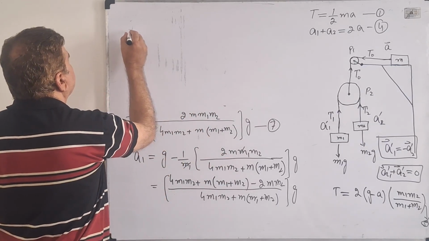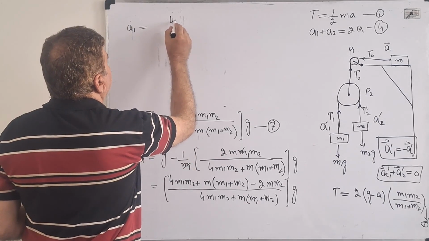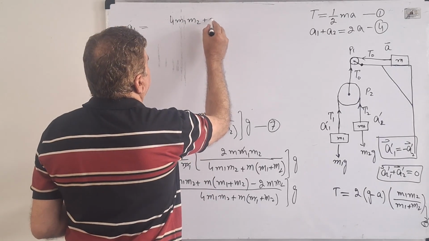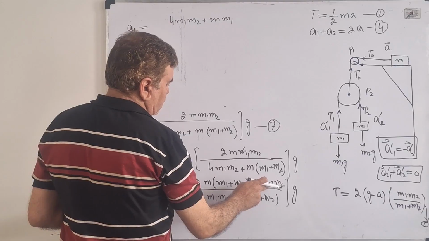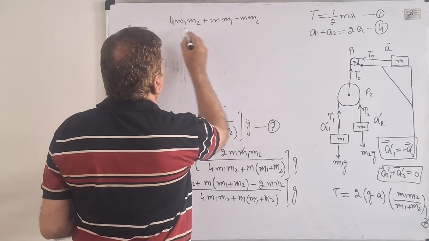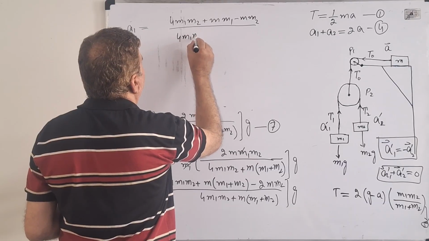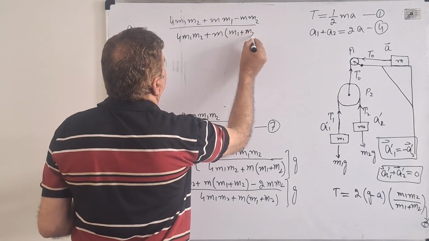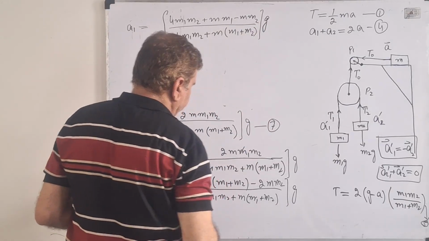I can write a1 equals 4 times m1 m2 plus m m1, and m m2 minus 2 m m2 is minus m m2, divided by this thing 4 m1 m2 plus m into m1 plus m2, and this multiplied with g.